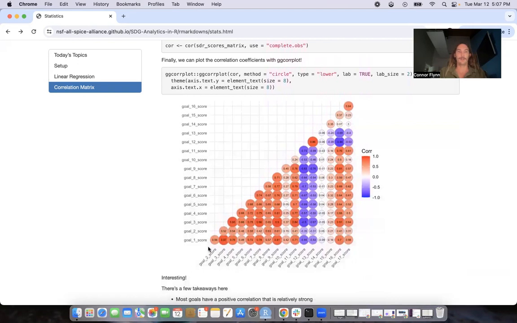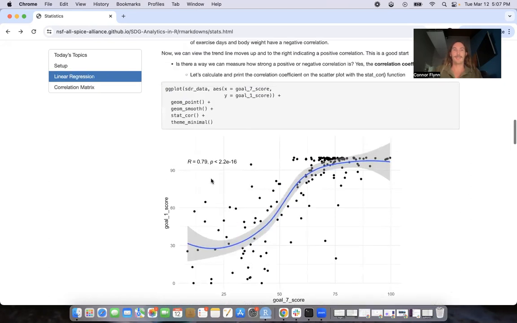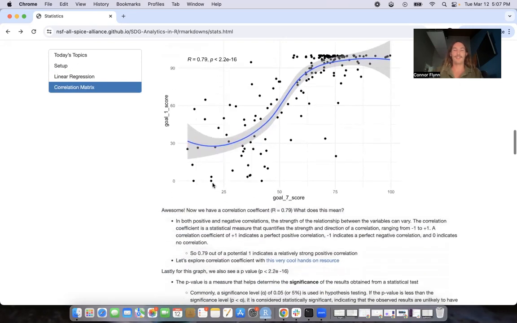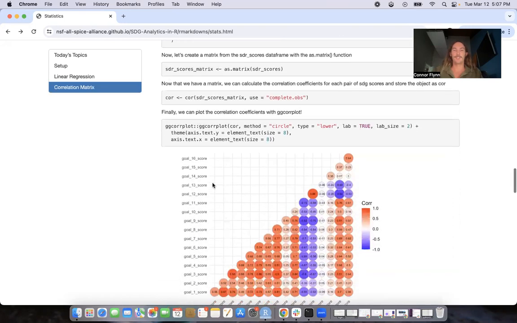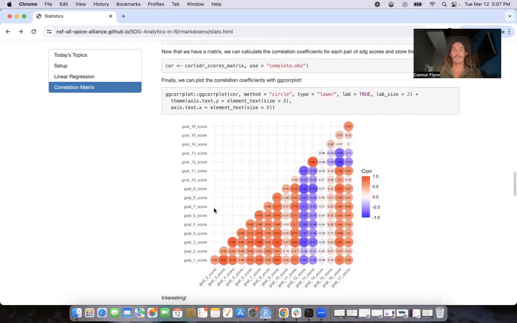So we have goal 1 score to goal 16 on our y-axis, and goal 2 score to goal 17 on our x-axis. And each of these bubbles represents a correlation coefficient, the same as we saw here and the same number that we saw on that R Psychologist website. It's a correlation coefficient between the two SDG scores. So just at a glance, we see lots of red, right?